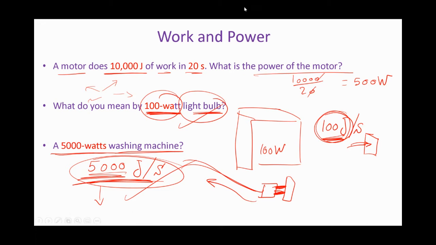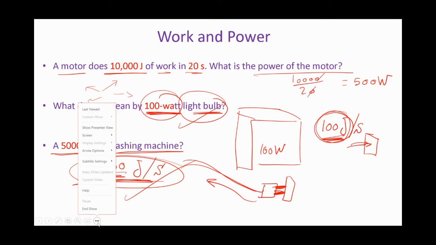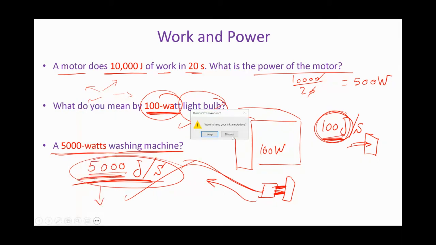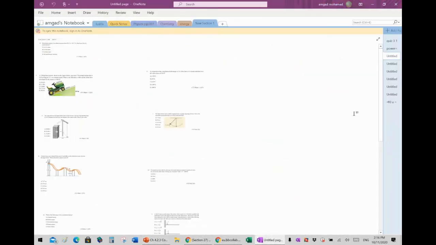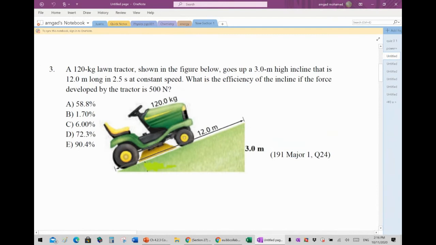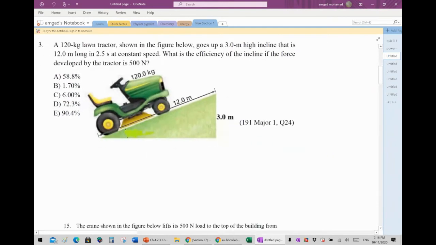Let's try to solve some problems about chapter 4. A 120 kilogram lawn tractor, shown in the figure, goes up a 3-meter height on an incline that is 12 meters long.